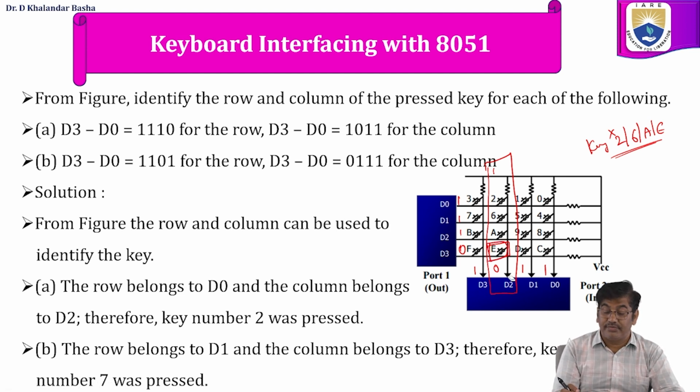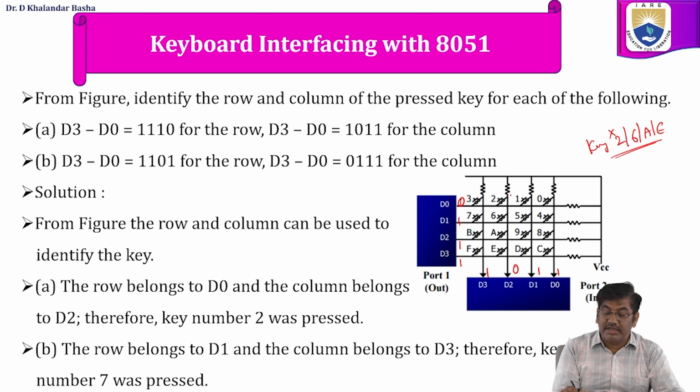Second case: D3 to D0 is 1, 1, 0, 1 for the row. So, checking the previous case once again: D3 is 1, D2 is 1, D1 is 1, D0 is 0, and the columns are read as 1, 1, 0, 1.